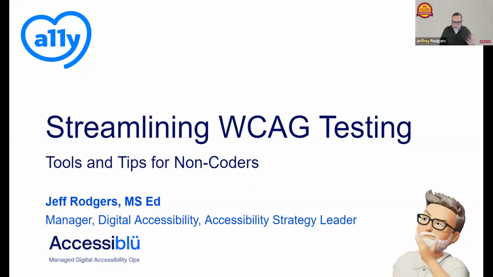Go ahead to the next slide. This is a good slide to have. On it are a few images. In the upper left-hand corner of the slide is the Love Accessibility logo, which is A11Y, which stands for the 11 letters between the A and the Y in accessibility. That's in a blue heart.